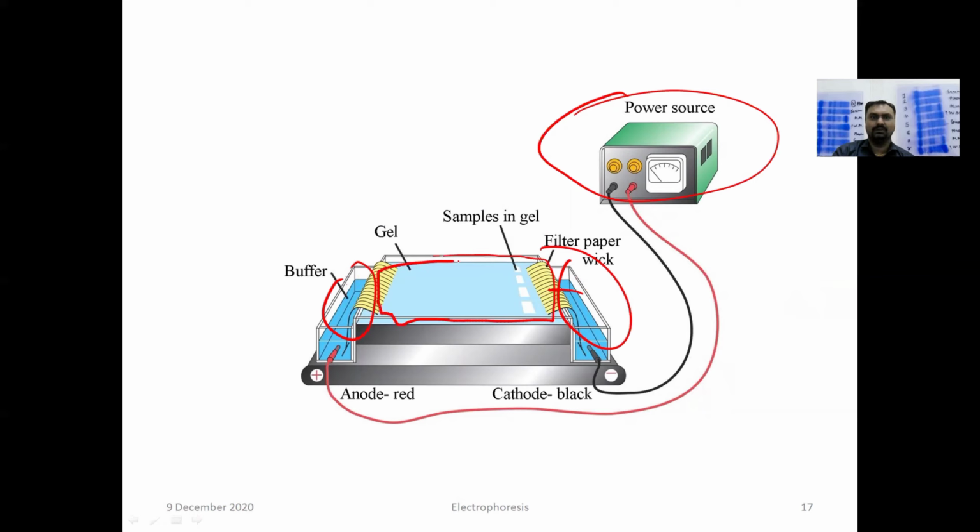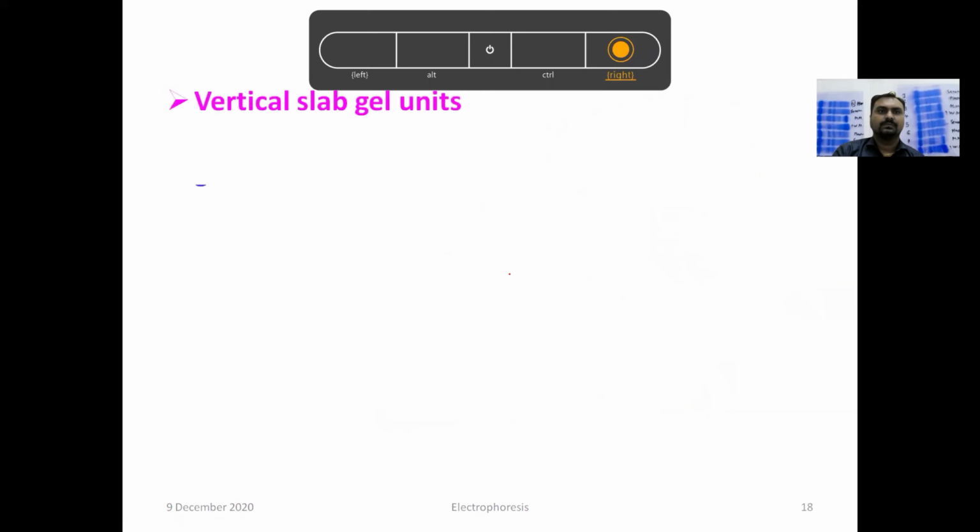It may be starch, agarose, cellulose. Okay, and we apply the sample here, and so molecules will run from the cathode, negatively charged, to the positively charged electrode, that is the anode.